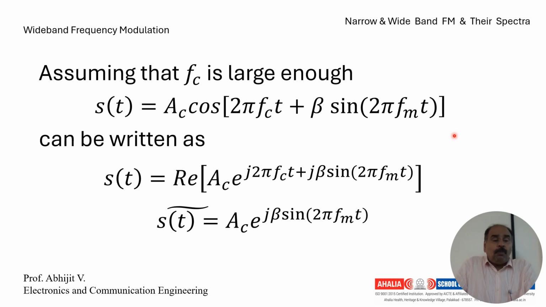Considering the real part, this can be written as Ac e raised to j beta sin 2 pi fm t. This particular element is eliminated.